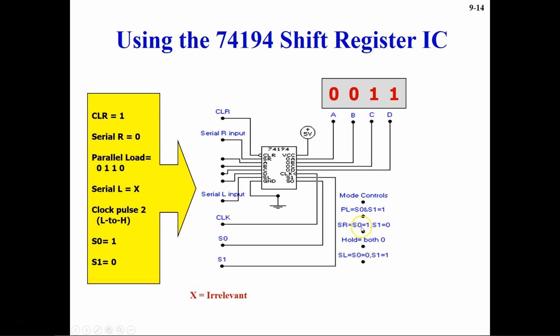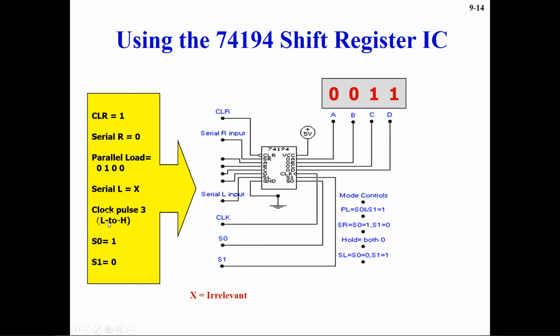That's why you see here serial R is equal to 0, which means shift right is activated. So whatever you had previously over here, 0, 1, 1, 0, when this goes in, it will shift the data to the right.